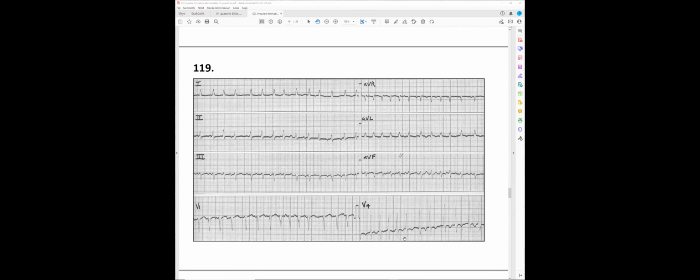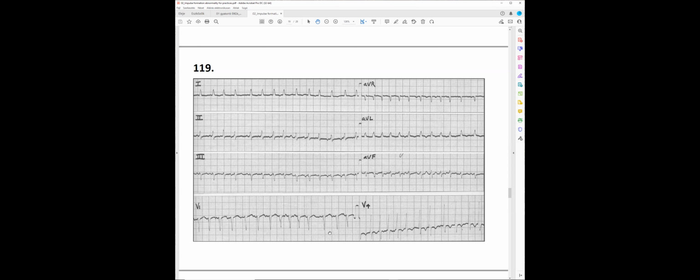Okay, it's yours. And the rhythm is regular. Irregular. It's not regular, it's irregular because they are not the same. And the heart rate is around 180. Okay, 180, all right.